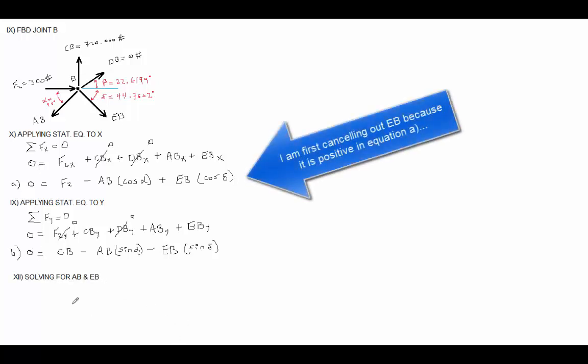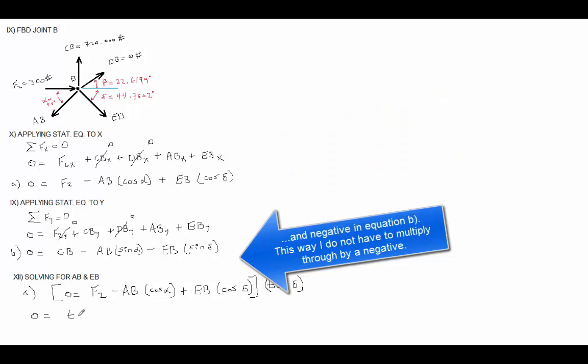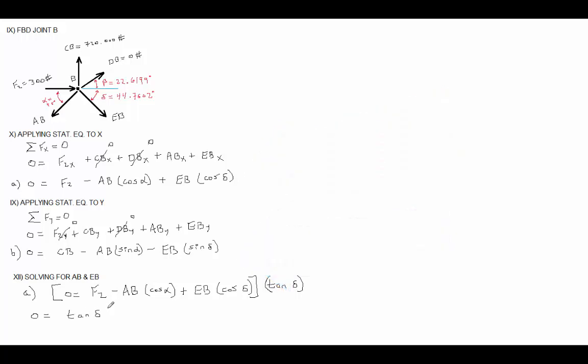Now at this point in time, I'm going to choose to work with equation A. So that equation then becomes 0 equals tangent of delta times F2 minus AB times cosine alpha times tangent delta plus EB times sine delta.